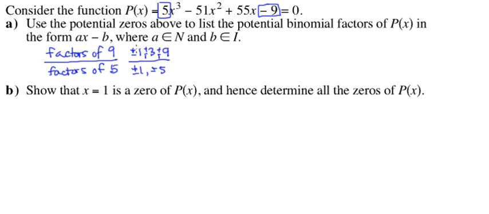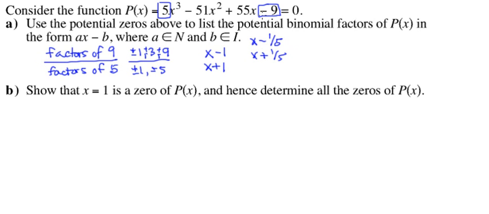We have to do 1 over 1 and the positive version. We have to do 1 over 5, which would be x minus 1/5, and x plus 1/5.